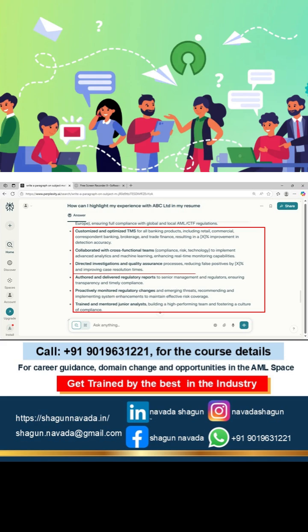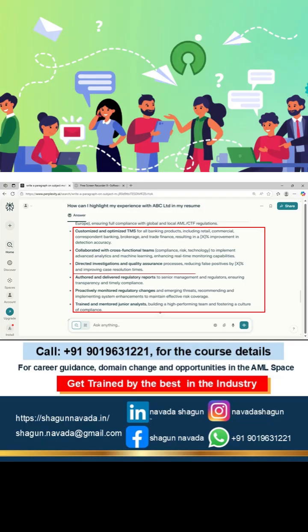So this is giving me a result which is either suitable to the process optimization team, or a few sentences suitable for a quality assurance team member. Now here you see authorized and delivered regulatory reports, proactively monitor regulatory changes, trained and mentored junior analysts.